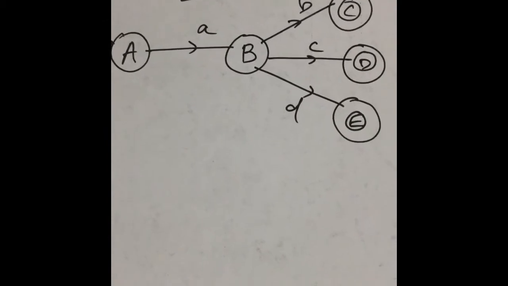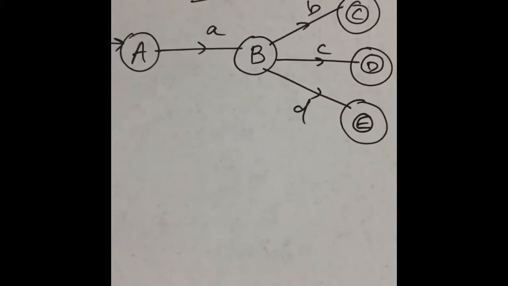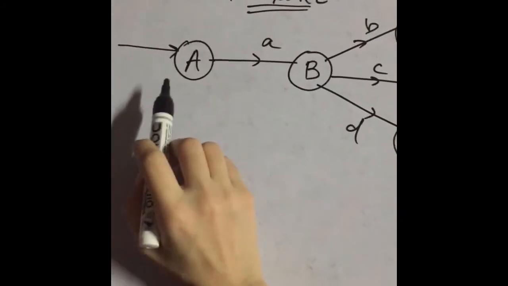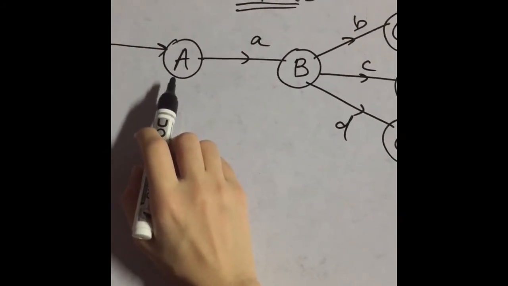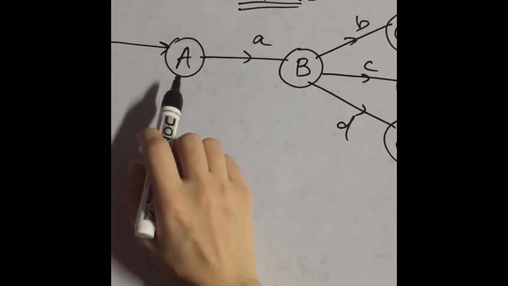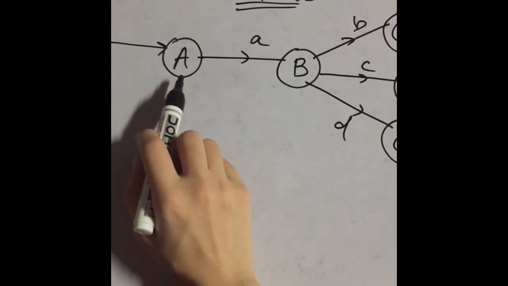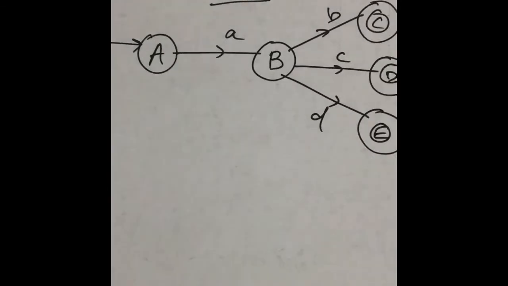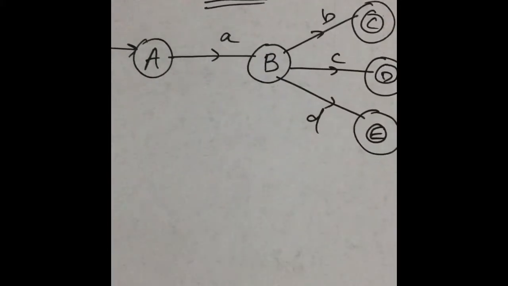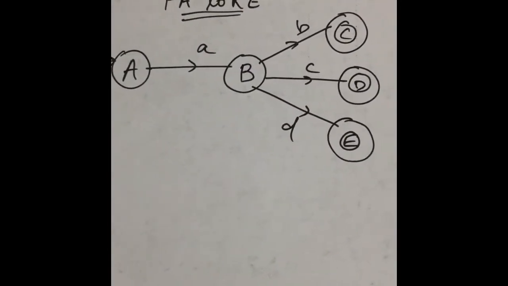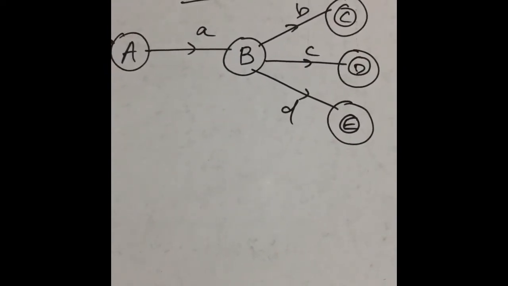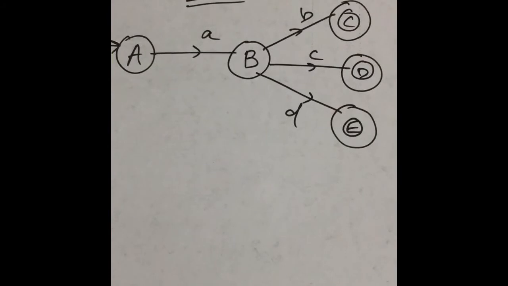First of all, we have three steps to check. The first step: is there any incoming edge coming to A? No, there is no incoming edge. There is only outgoing edge from my state A. Now the second step: is there any outgoing edge from final state?